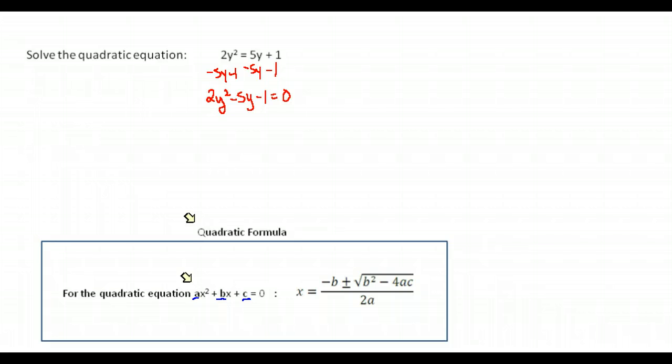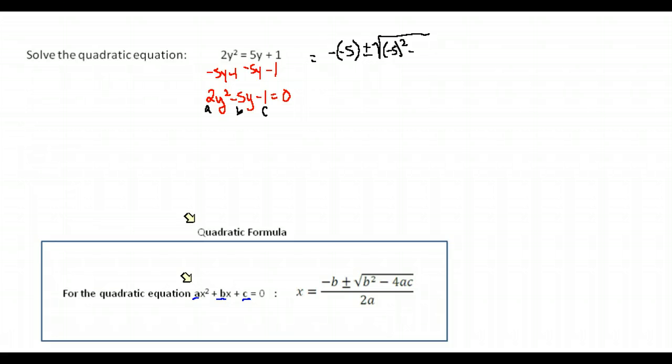We plug into the formula. Again, a is the number in front of the y squared, b is the number in front of y, so b would be negative 5, and c is going to be negative 1. So we plug it into our formula, and we get negative b, so negative of negative 5, plus or minus the square root of b squared, so negative 5 squared.